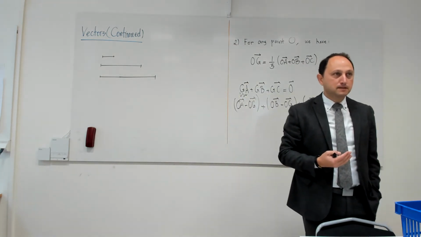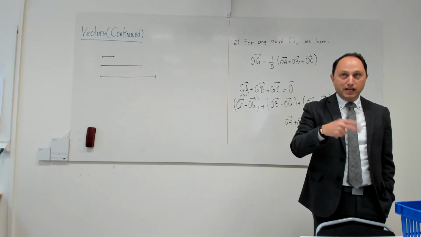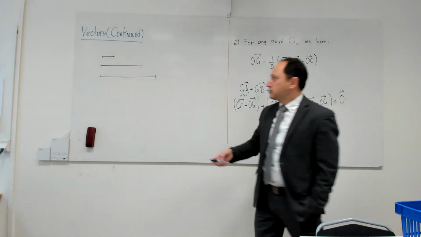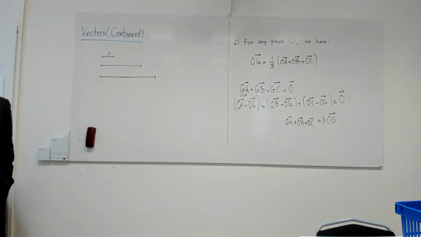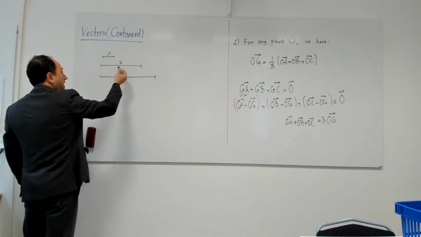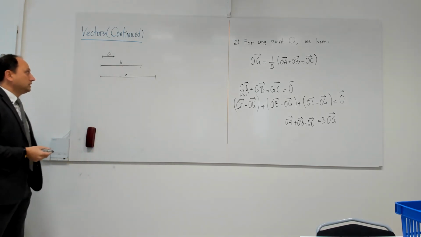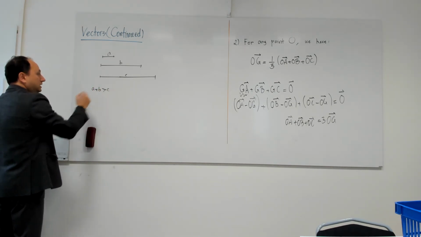The sum of 2 of them should be greater than this. But you have to check this for every 2 pair. Yes? So you say that I take my ruler, measure this one. So let us say this is A unit length, and this is B length unit, and this is C length unit. I add A plus B, it should be greater than C.